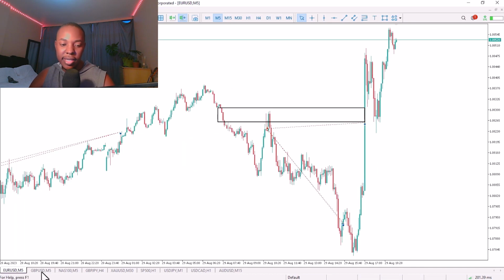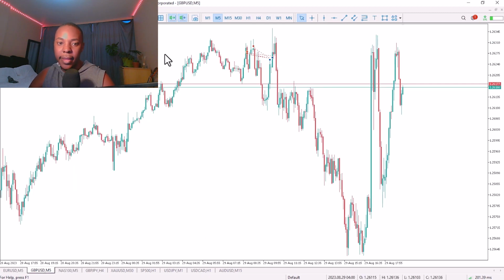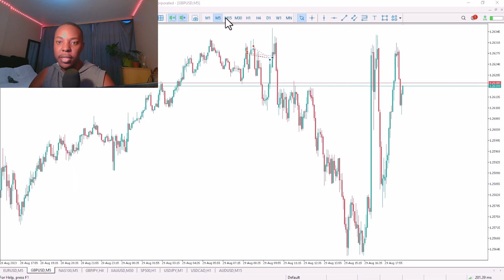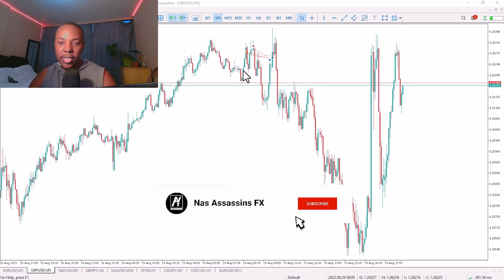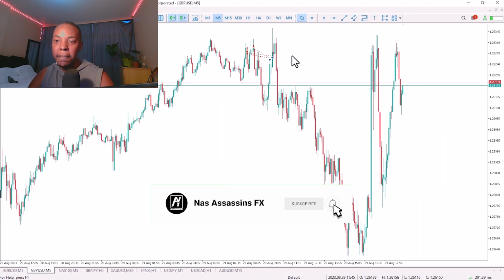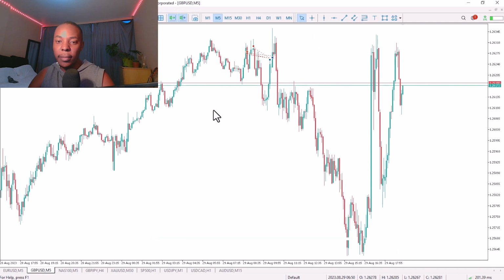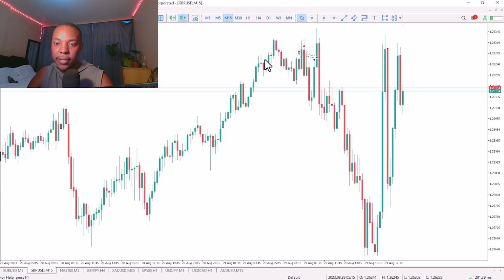And then the next trade that I took for day 3 was GBPUSD. Yeah, this was more of a break-even trade. The reason why I took this trade was, as you can see, there was this order block here and also an order block here.